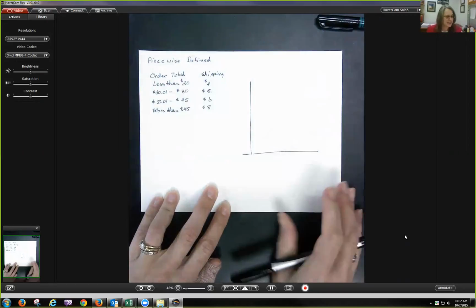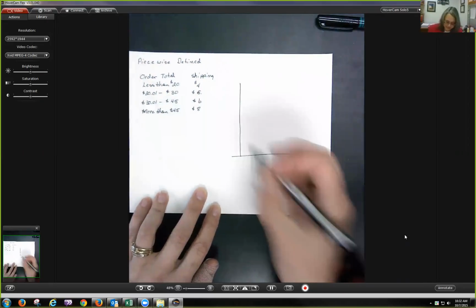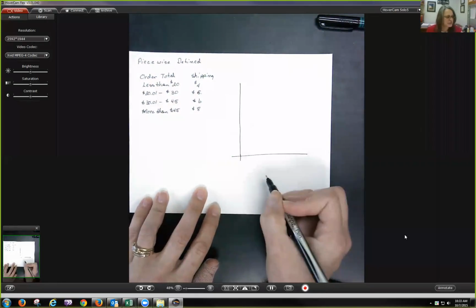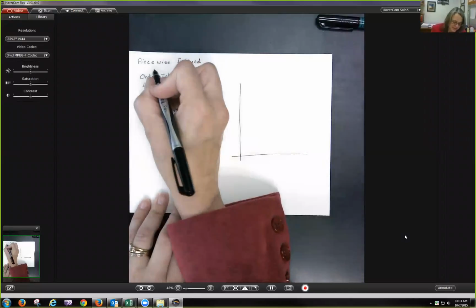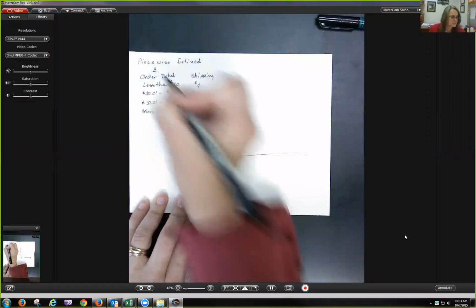because I don't have any negative x's or negative y's, I'm just going to worry about this first quadrant. What this column does, so this column is my x's.